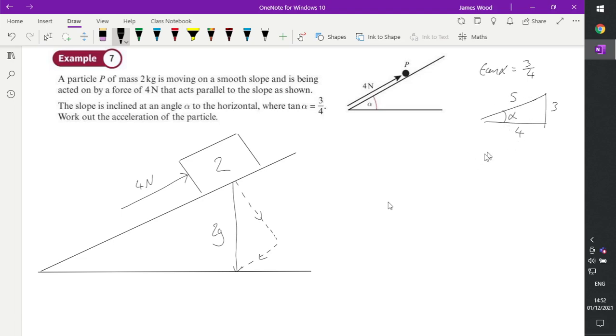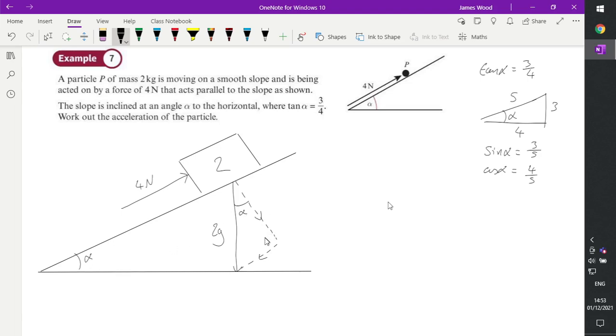And now using this triangle, we can find sine alpha and cos alpha. And now those are what we can use then in our calculations. So sine alpha is opposite over hypotenuse, so that's 3/5. And cos alpha is adjacent over hypotenuse, so 4/5. And these are what we can use in our calculations. So this is angle alpha here.